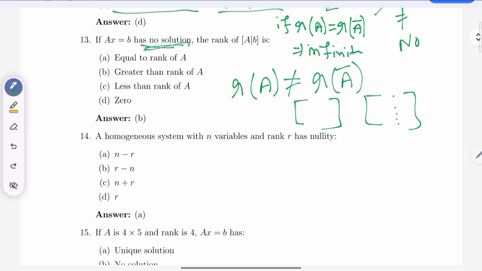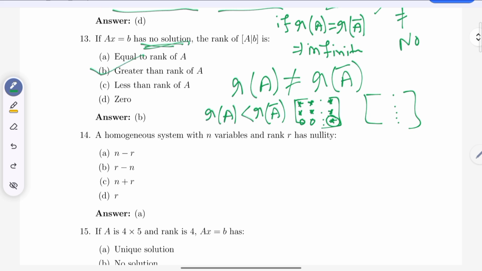Let us take that in the augmented column, first element, second element, third element all are non-zero. But in the A matrix, first two non-zero, second two non-zero, but the last row is 0, 0. So in this case, rank of A is 2, but rank of the augmented matrix is 3. So rank of augmented matrix is greater than the rank of A. By this example, we can say option B is correct.